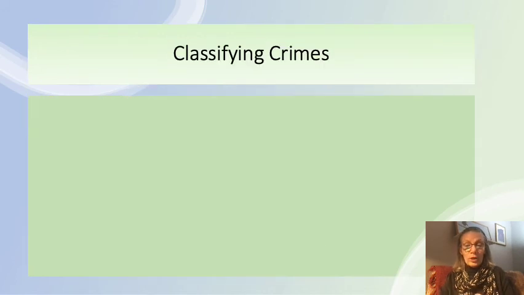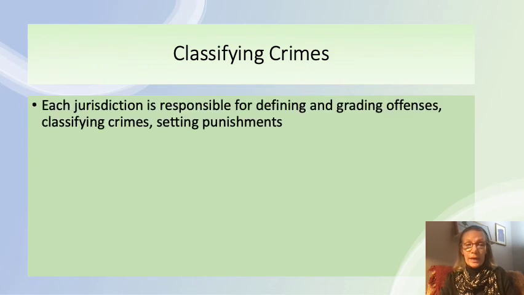Okay, so first we talked about criminal law in terms of the two branches of criminal law, substantive and procedural criminal law. Then we looked at civil law, and we looked at how civil law overlaps with criminal law. Let's move back to talking about criminal law and how crimes are classified. Each jurisdiction is responsible for defining and grading criminal offenses.